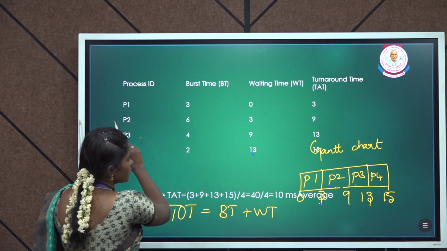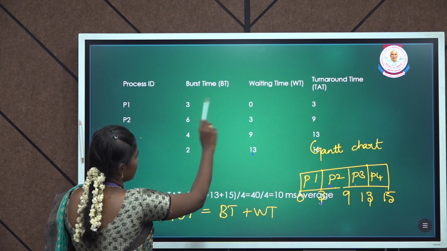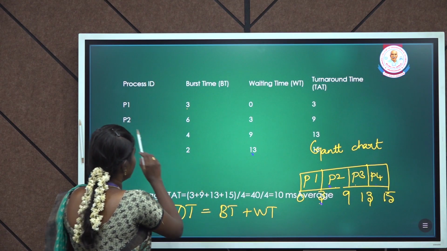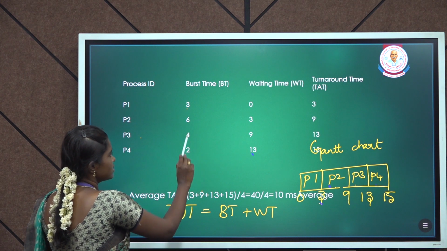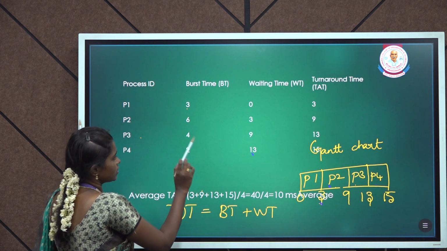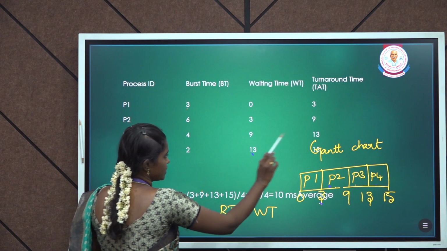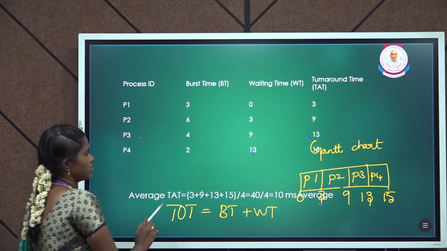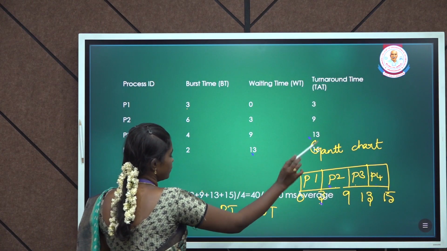The P1 turnaround time is burst time plus waiting time, 3 plus 0 is equal to 3. P2 turnaround time is 6 plus 3 is equal to 9, P3 turnaround time is 4 plus 9 is equal to 13, and P4 turnaround time is 2 plus 13 is equal to 15.